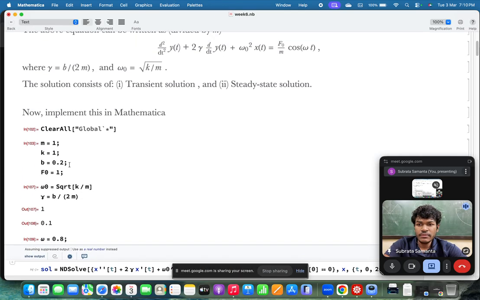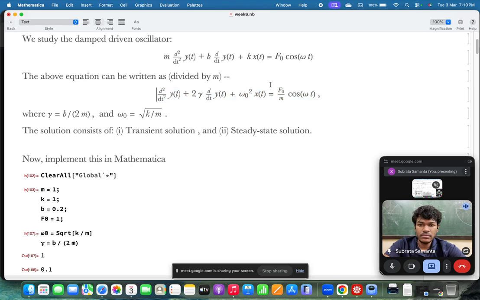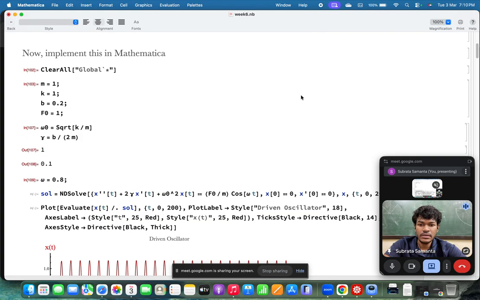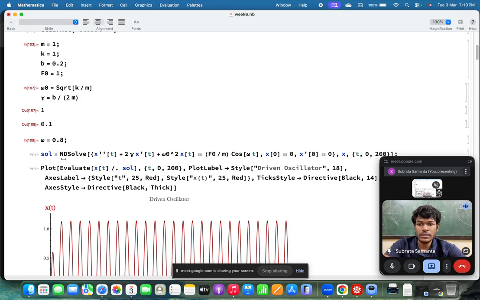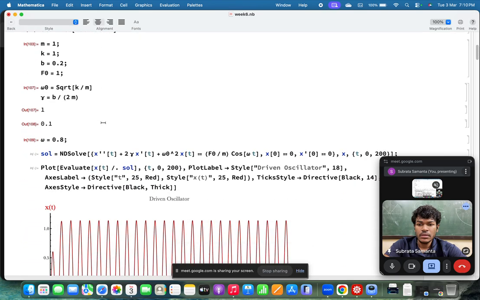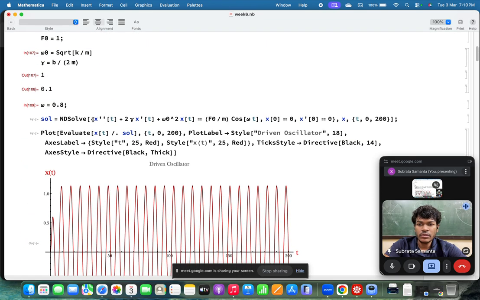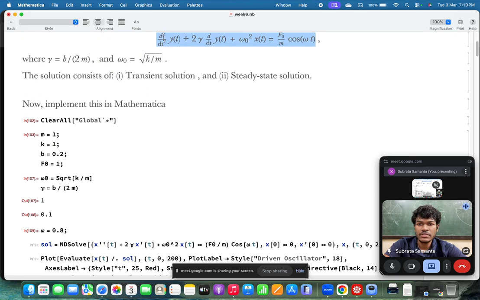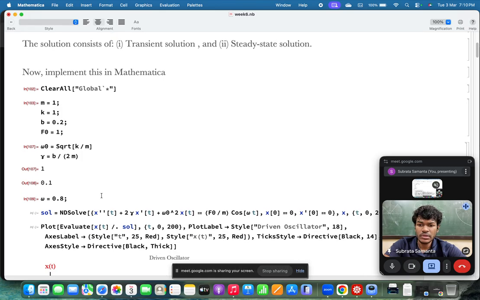Now I want to solve these equations, and you can use the numerical differential equation solver, NDSolve. If you use NDSolve to solve these equations, you put in the equations. This is x double prime t, but I use y here, you can write in terms of y, no problem.